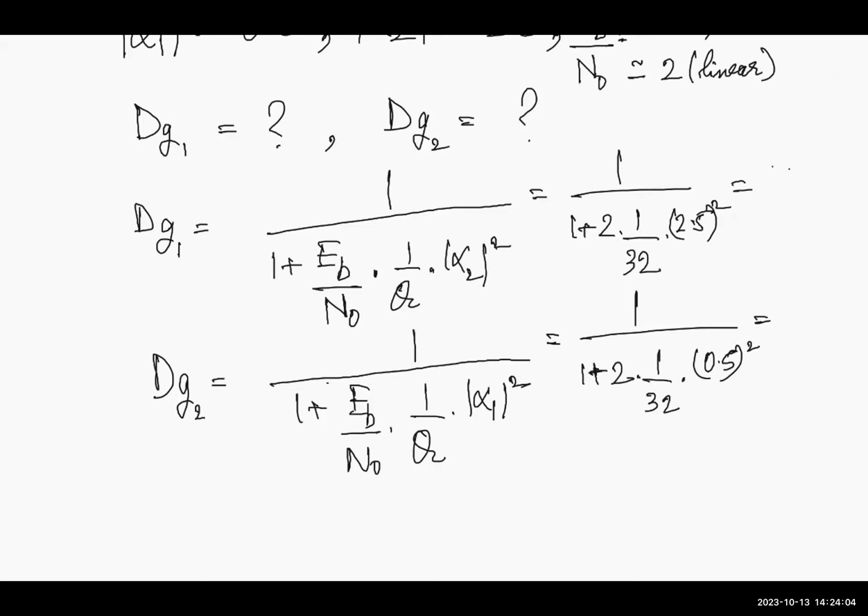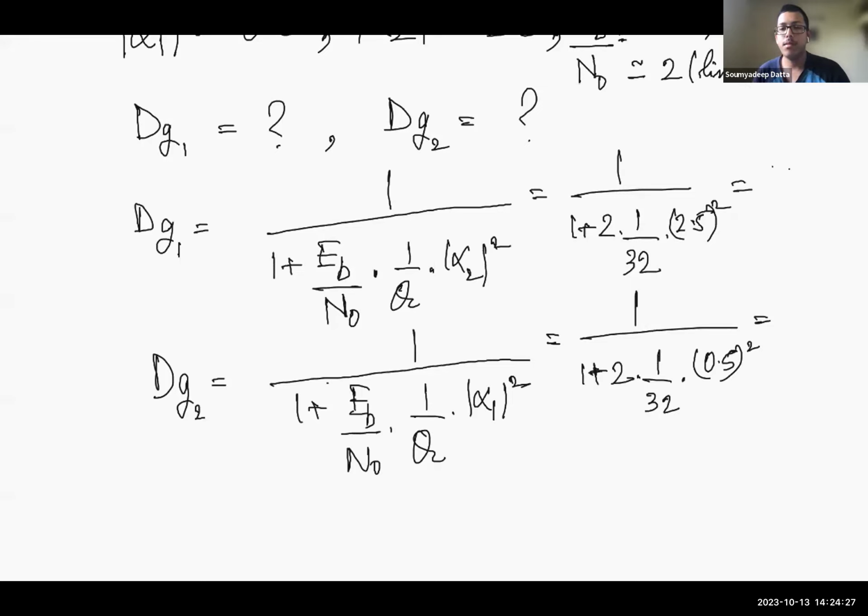Okay, means its value is less than 1, sir. Yeah, its value is less than 1. Let's say this value is 0.7. That means your SNR has become 70% of what it would be without interference.